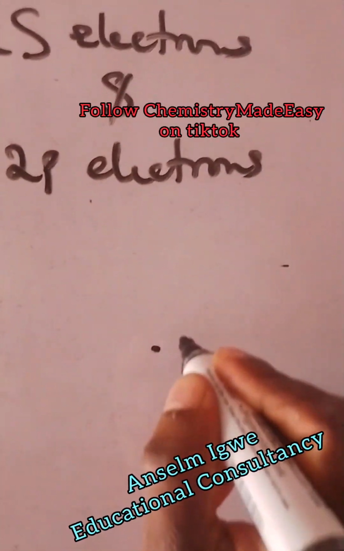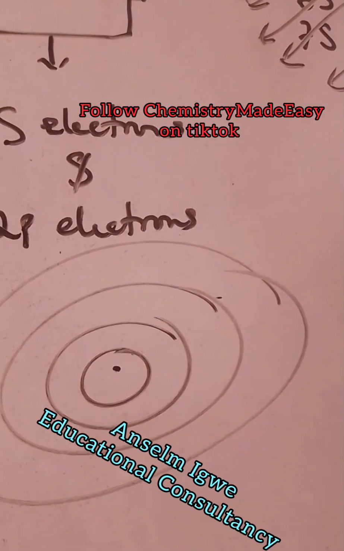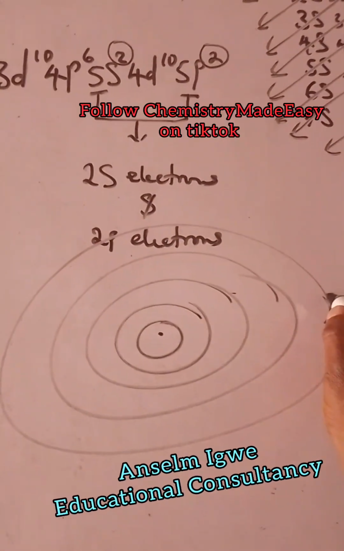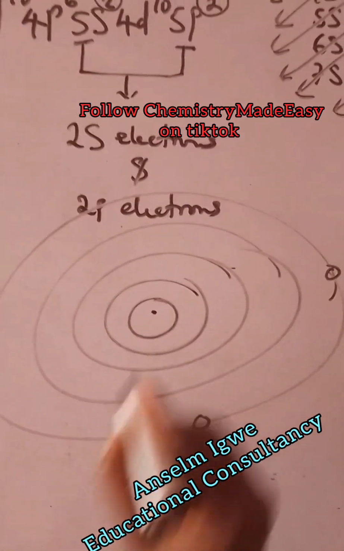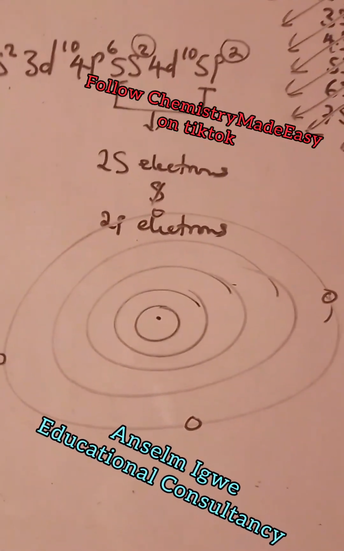Meaning that if this is the atom of tin, there are 4 electrons at the last shell. These 4 electrons are used for covalent bonding.